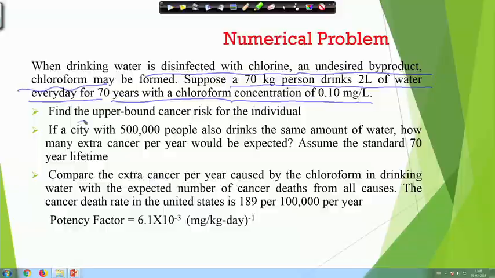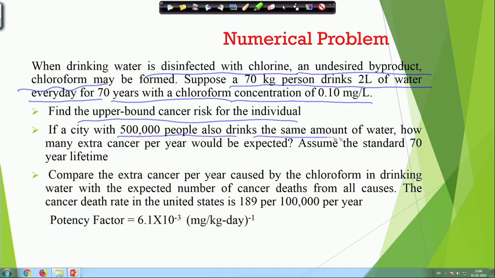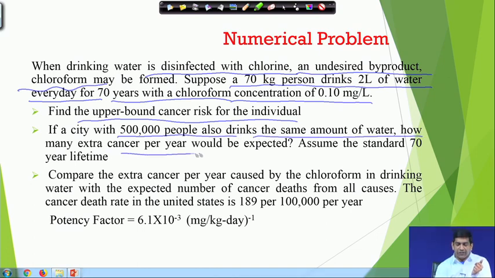With that data, we have to find the upper bound cancer risk for this individual, as chloroform is a carcinogen. And if the city has 500,000 people who drink the same amount of water, how many extra cancers per year can you expect? Assume the standard is a 70-year lifetime. Then compare the extra cancers per year caused by the chloroform in drinking water with the expected number of cancer deaths from all causes.